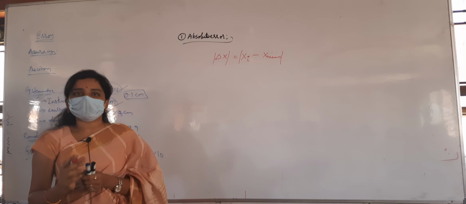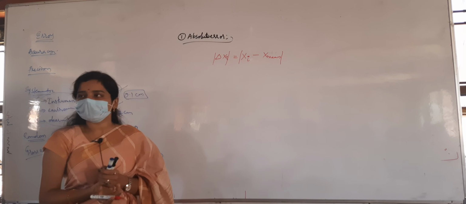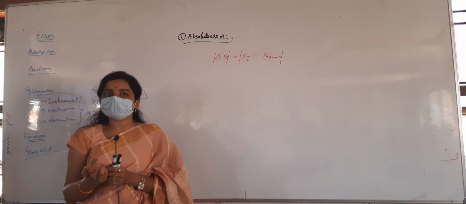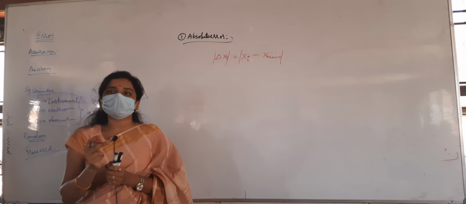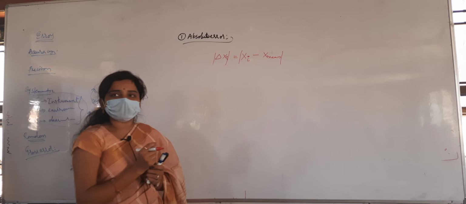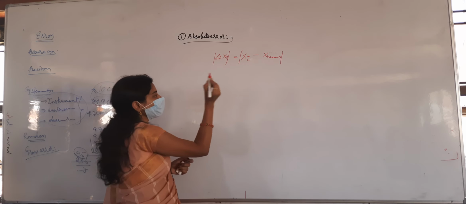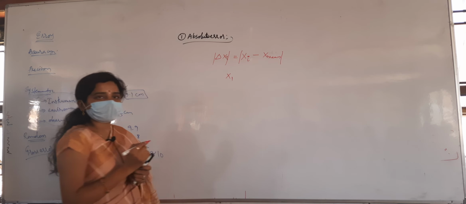Delta x is the absolute error for any observation. For example, I am observing the ith observation, otherwise the first observation, anything you can take. For the first observation, I want to get the first absolute error. You have to take the difference between the mean value and the observed value. For example, I am doing the experiment for the first time, we got the reading as x1.